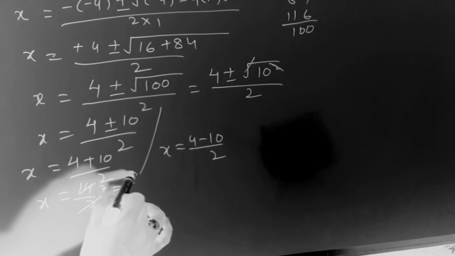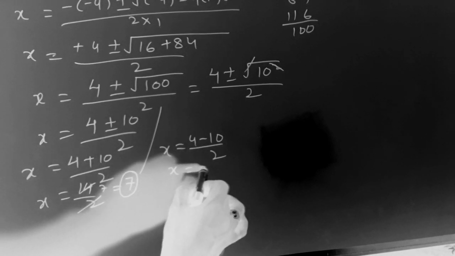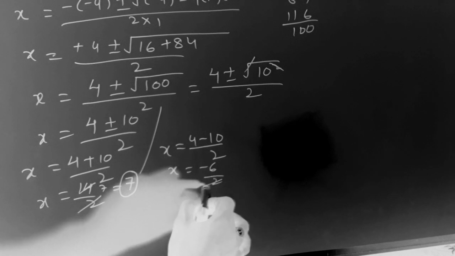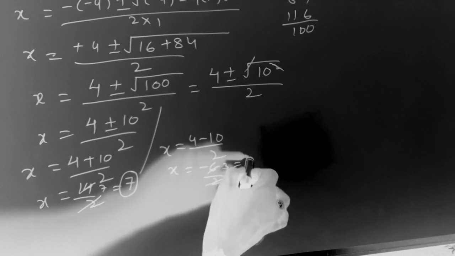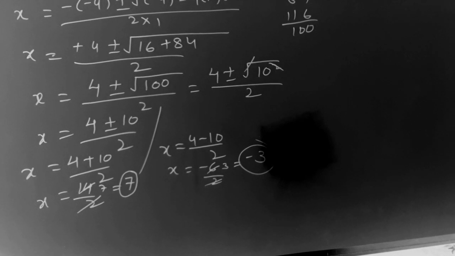Therefore x value is 7 here. 4 minus 10 is minus 6, 2 threes are 6. X value is minus 3. Therefore the two roots of the equation are 7 and minus 3.